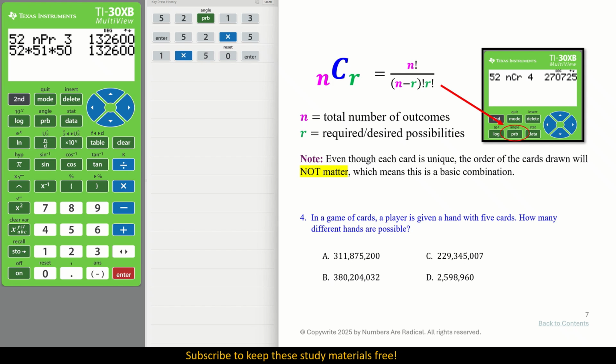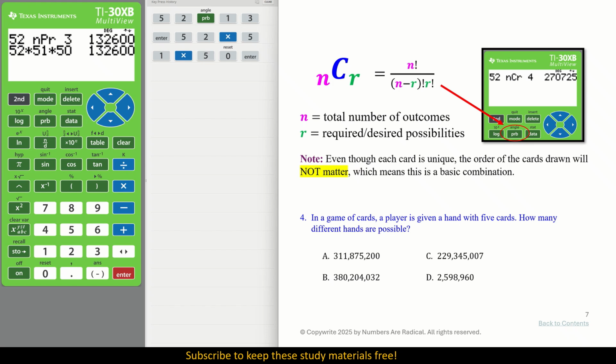So let's look at number 4. In a game of cards, a player is given a hand with 5 cards. How many different hands are possible? So what do we need to do? Well, we know that we're talking about just regular ordinary cards, or we can make that assumption.